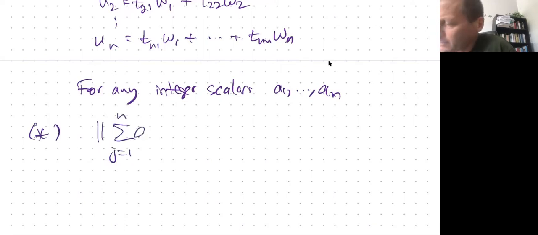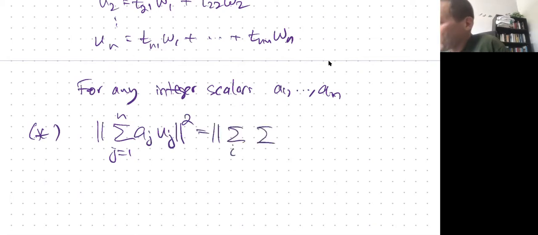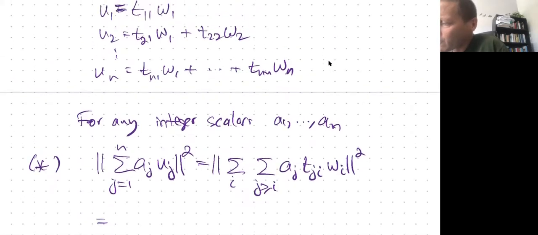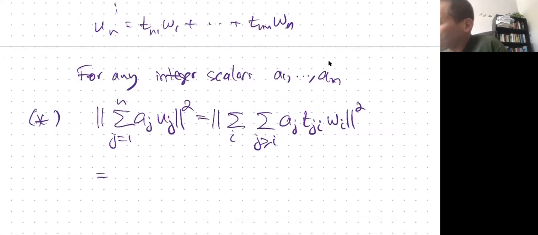The Euclidean norm of the linear combination of the Uj's, squared, you work in the Tij's, and you get this formula. So this line is just plugging these formulas in, replacing each of the Uj's by the appropriate linear combination.